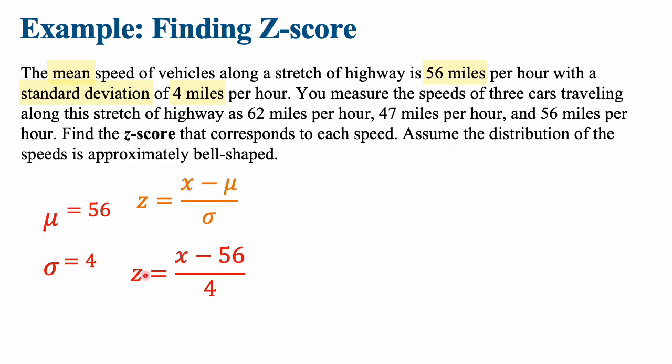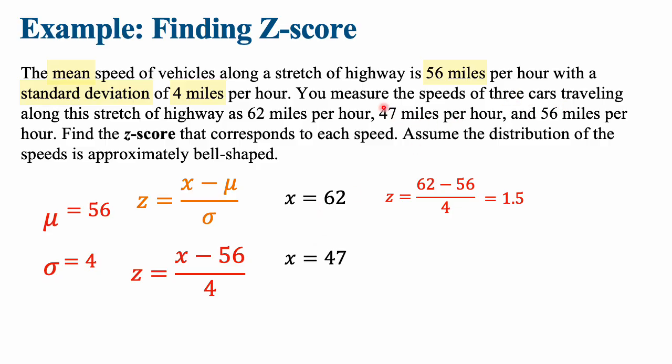Z-score is calculated based on mu and sigma. Mu is 56, sigma is 4. For x equals 62, z-score is 62 minus 56 over 4, which is 1.5.